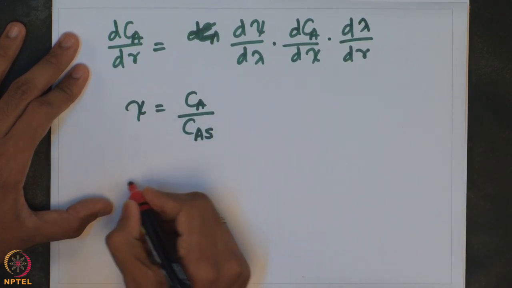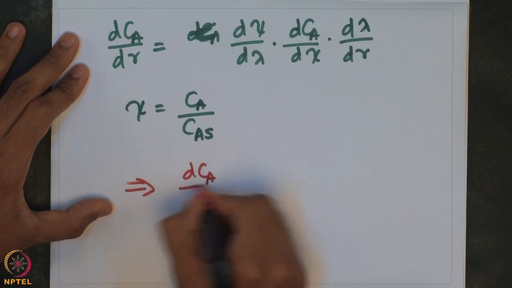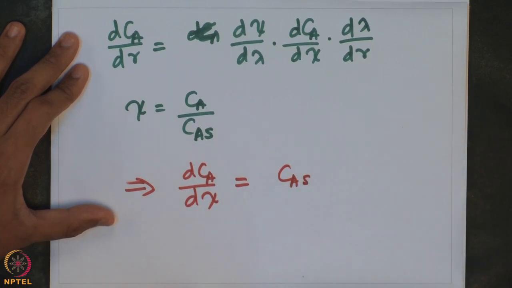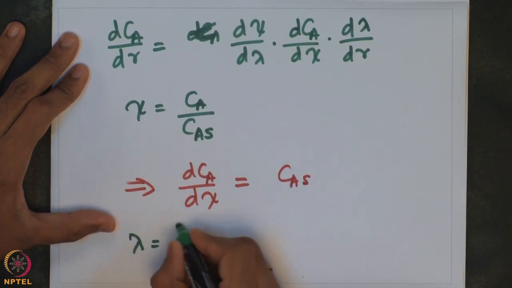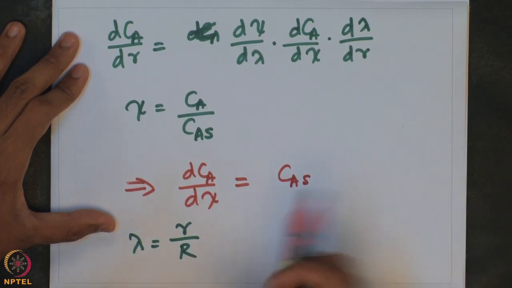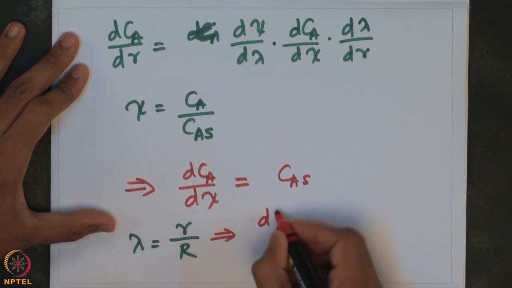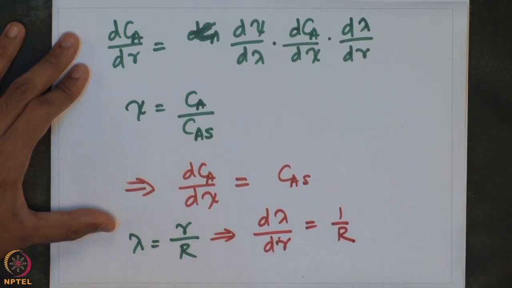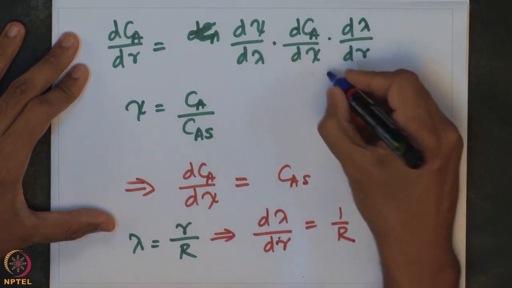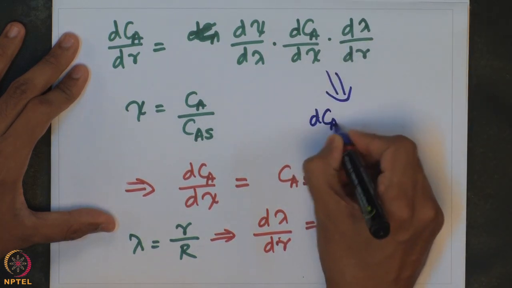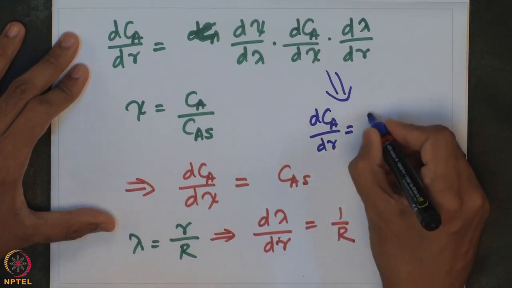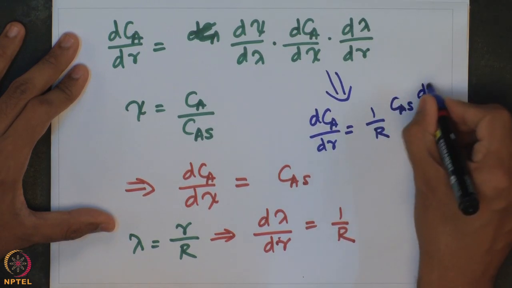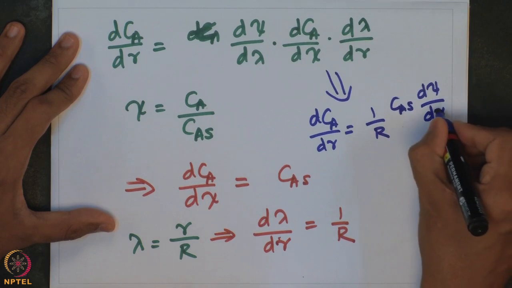So, from here dCA by d psi is essentially equal to Cas, and we know that lambda is equal to r by capital R. So, from here d lambda by dr is essentially equal to 1 by R. So, substituting these, we will find that dCA by dr is equal to 1 by R into Cas into d psi by d lambda.